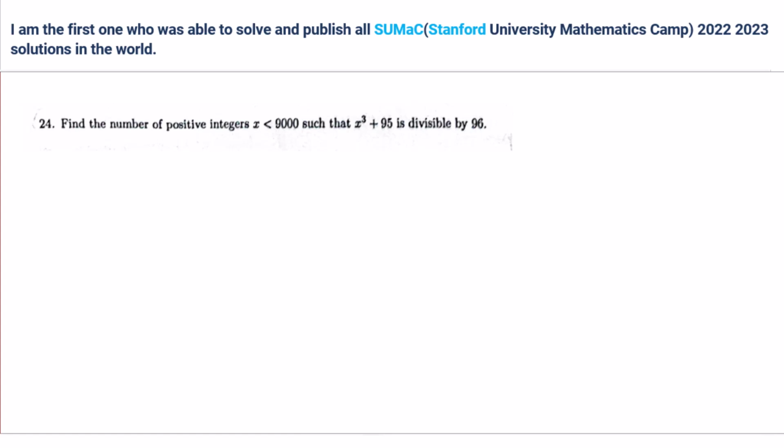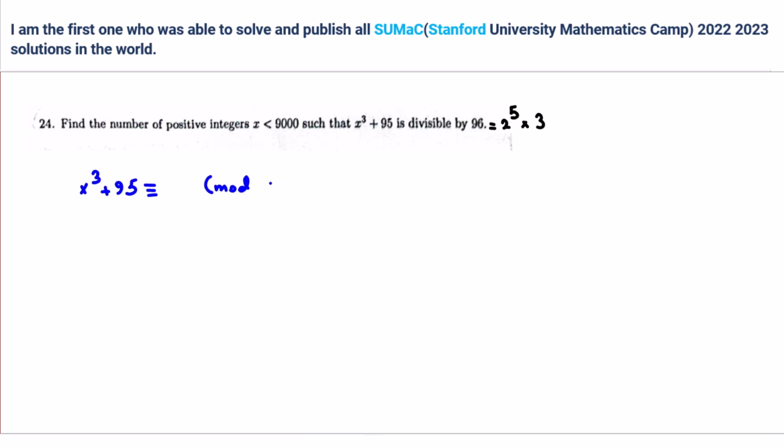Yeah. Okay, again, instead of 96, we should write what? 2 to the 5th times 3. Yes, so we should consider mod 3. And we know that x cubed plus 95 mod what? You should consider mod what? 32 and 3.